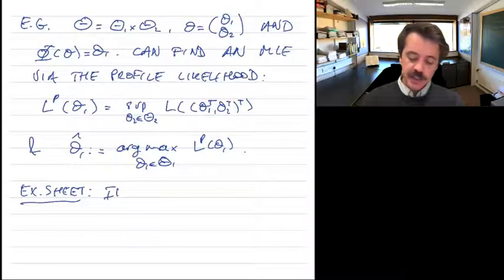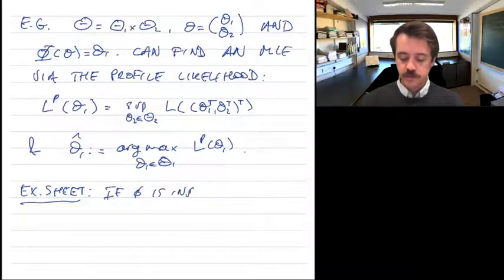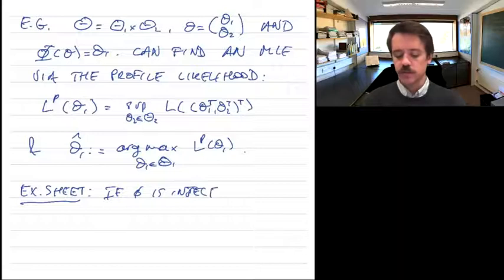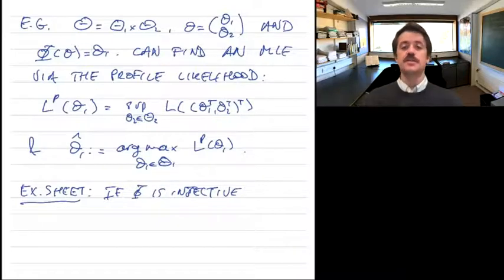So let's imagine that this phi is injective. Generally it's not necessarily what we're interested in, but what about the case in which this is injective?